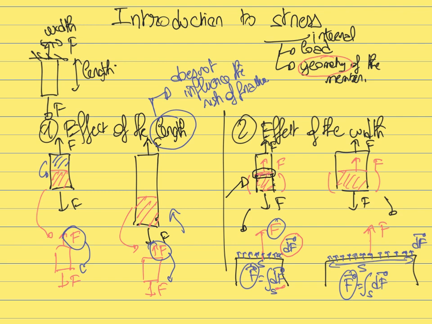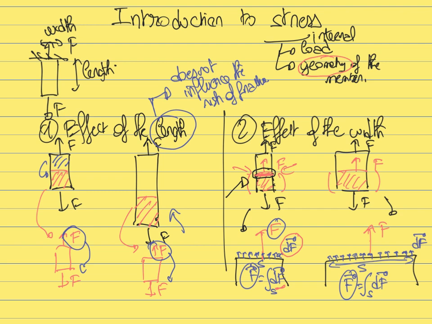So the force is homogeneously distributed throughout this interface, which means that at each point of this interface, the force applied by the top to the bottom is the same.